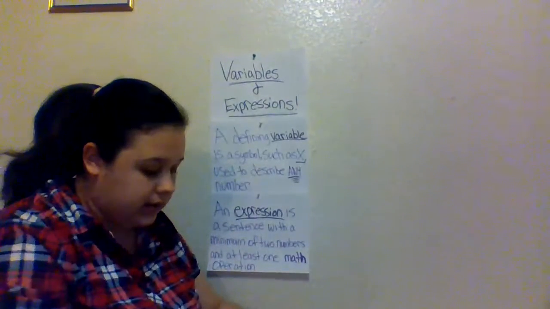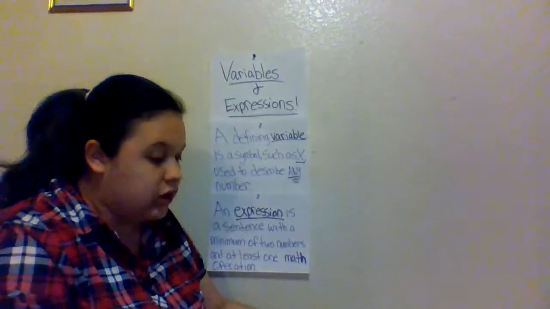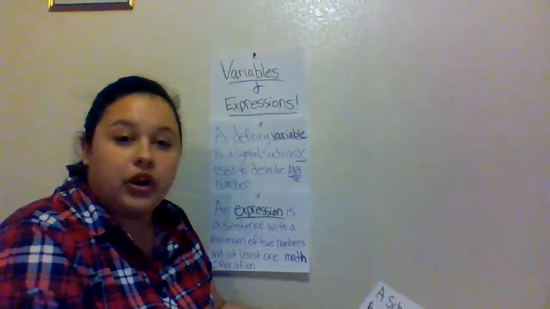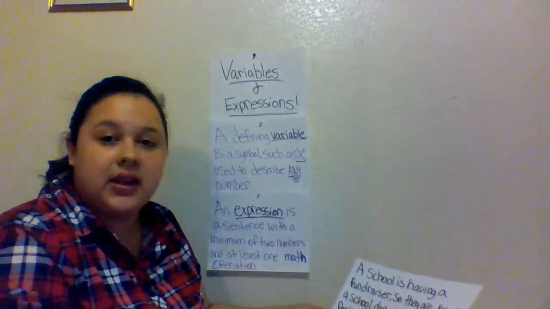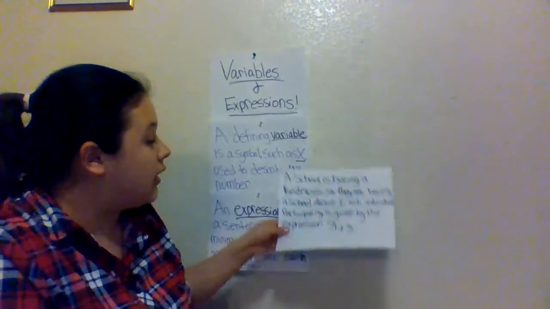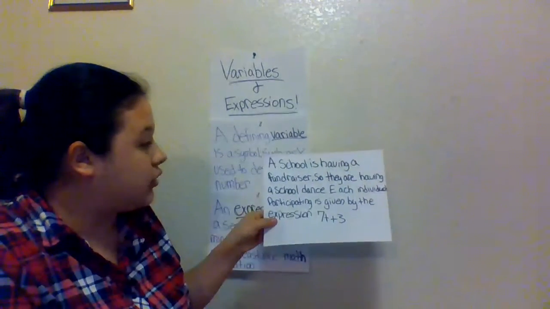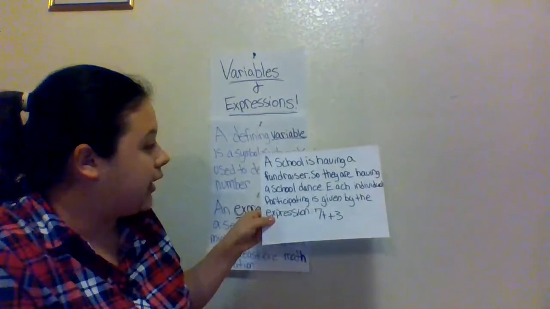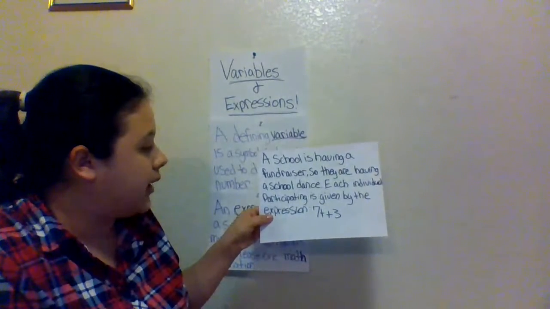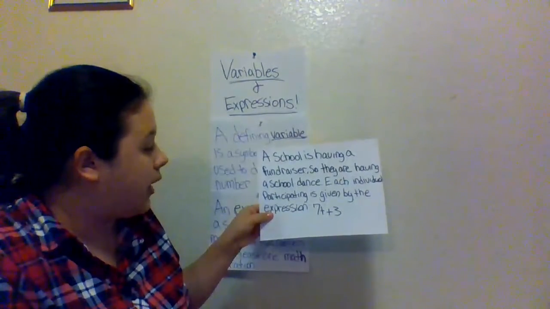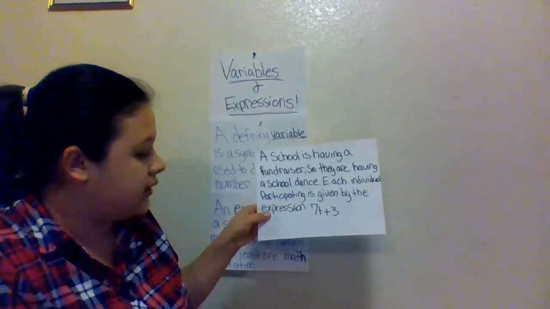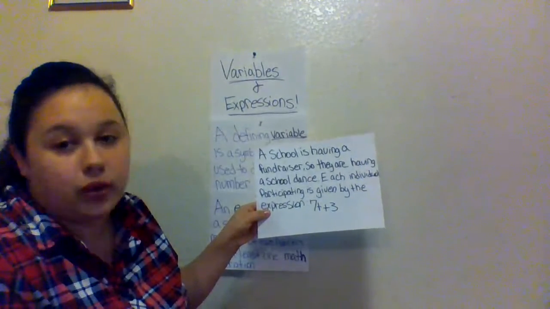So next, we're going to do an example problem first. Go ahead and get this out of the way. A school is having a fundraiser, so they are having a school dance. Each individual participating is given by the expression 7t plus 3.